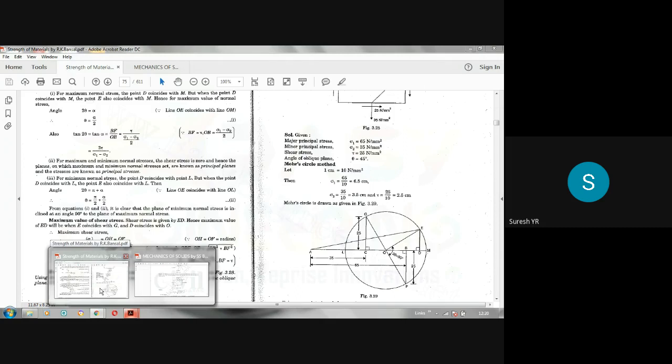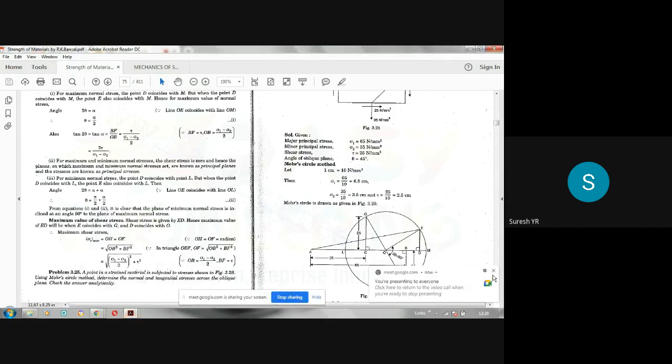Okay, I will explain the method. If you just listen, then you try to do it. Draw AB 4 centimeters, AC to the left of A 3 centimeters because compression. Then you have to draw CG and BF. Here CG and BF are the shear stress.